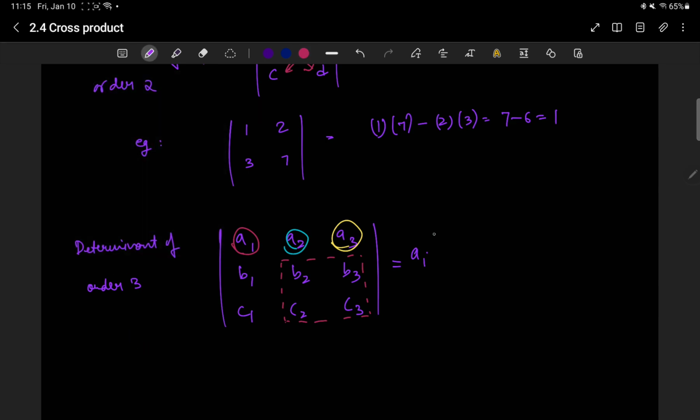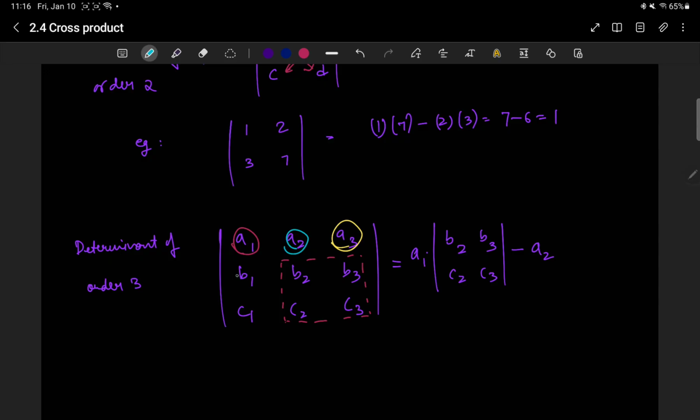So it's going to be A1 times the determinant of B2, B3, C2, C3. Then you're going to subtract A2.